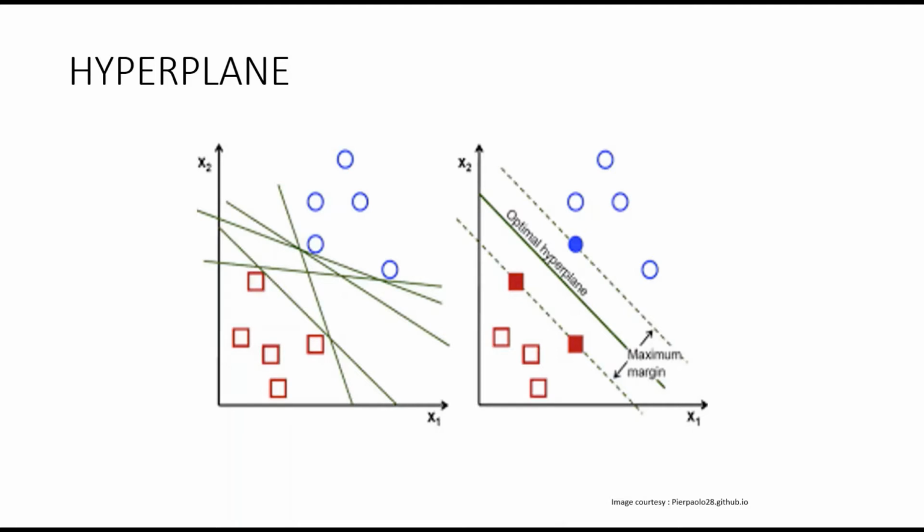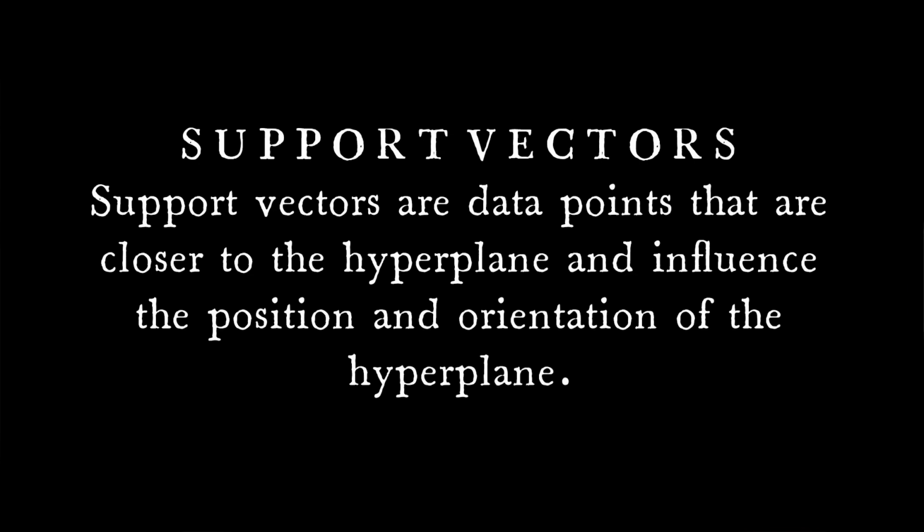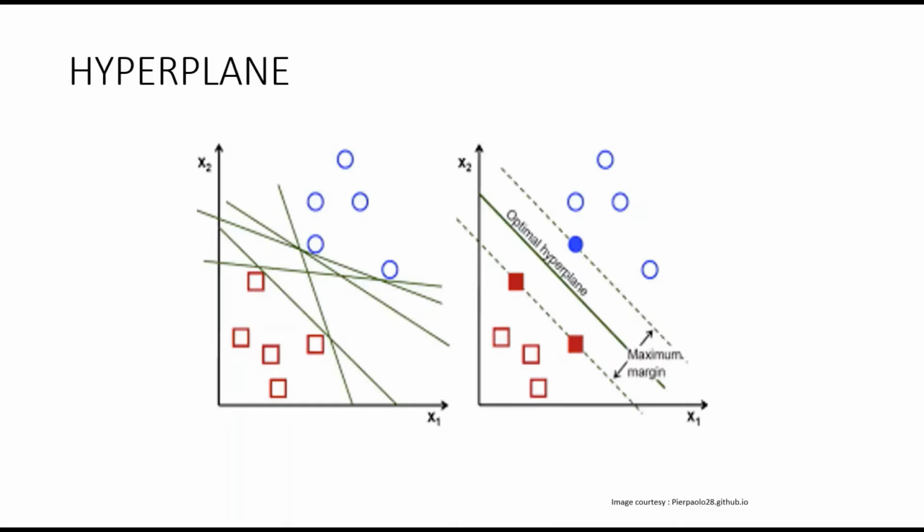Those data points we call the support vectors. Support vectors are the data points which are close to the hyperplane. These points will define the separating line better by calculating margins. That is the maximum margin. It's shown in the figure.